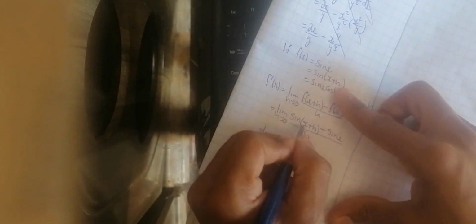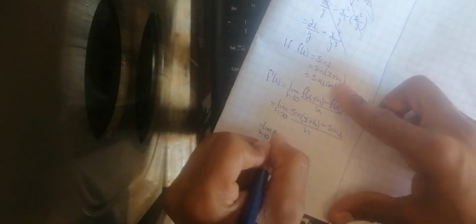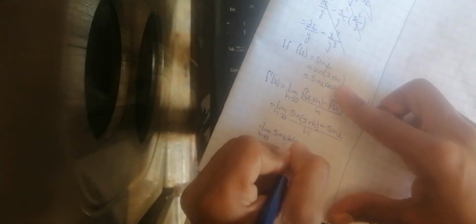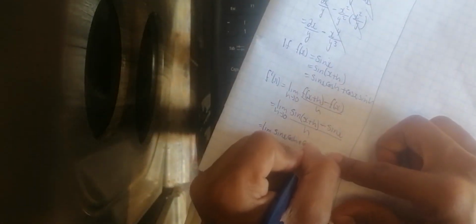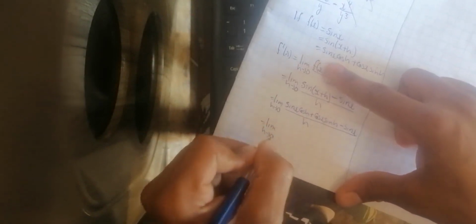Now we would use the sum identity of sine here, as to say sine x cos h plus cos x sine h minus sine x, which is this one, all be divided by h. And we can continue the limit as h approaches 0.